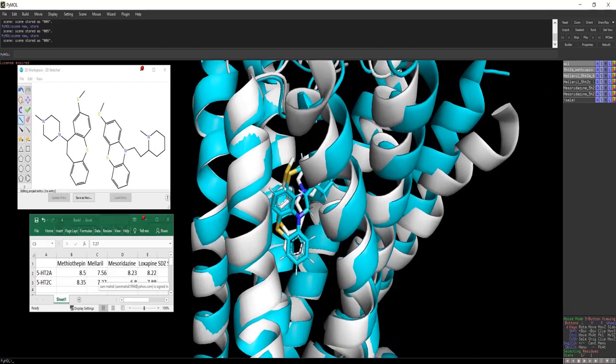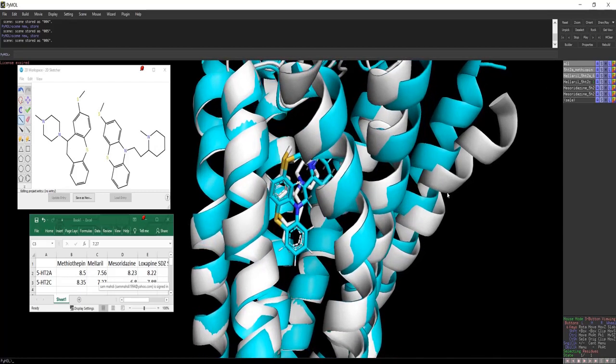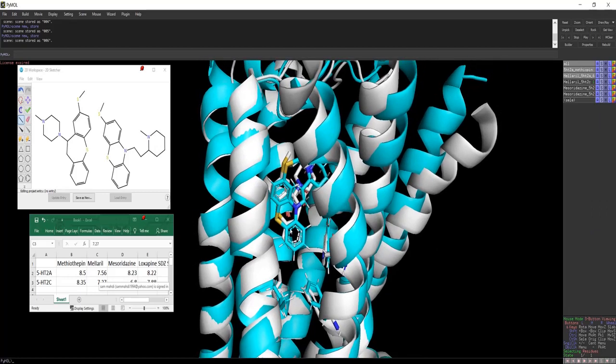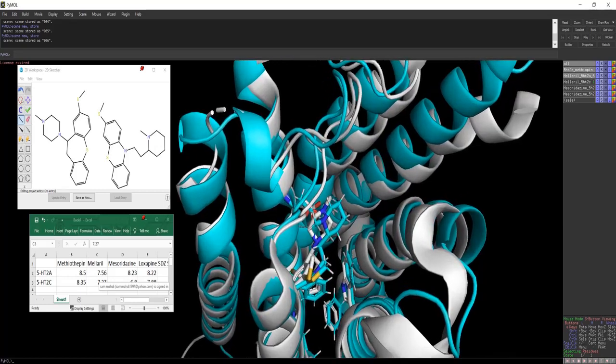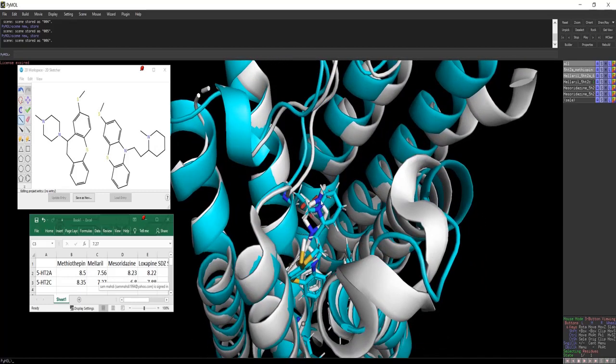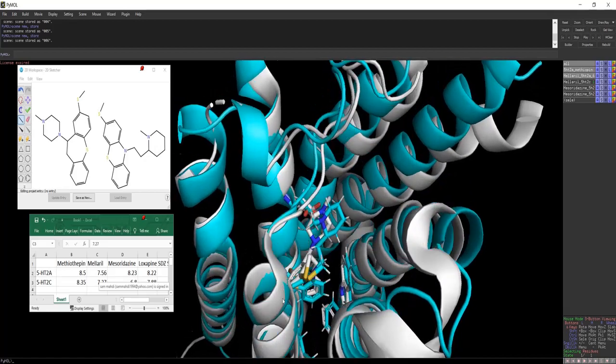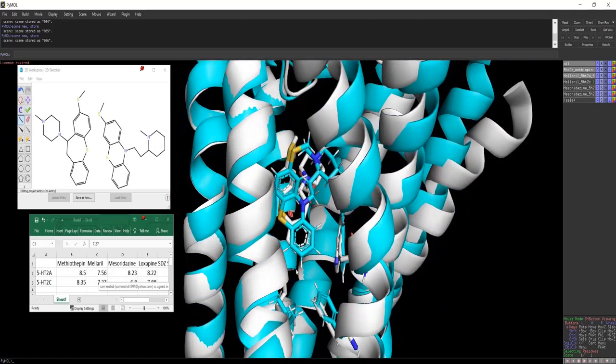So in cyan here is my docked structure, and we can see if I bring up the toggle switch, the PIF interactions, and the aspartic acid, we can see that it does in fact interact with the toggle switch and PIF motif. And the nitrogen is right where it should be as methiothepine is to interact with the aspartic acid. So it binds similar to methiothepine.